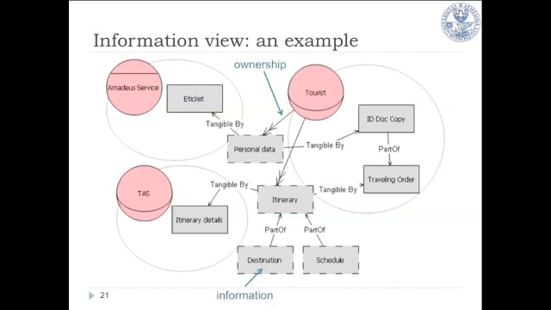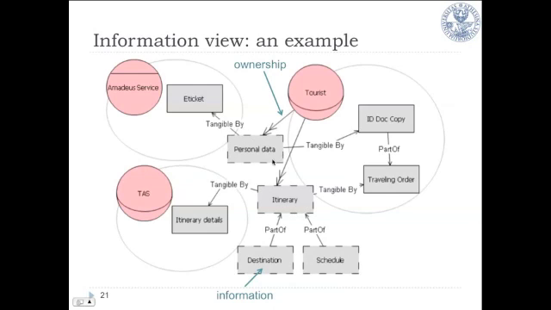You see, information is represented in terms of a rectangle with a dashed line to be distinguished from the rectangle used with a continuous line for documents. Ownership is represented by this double-headed arrow from the actor owning the information towards the information. An actor might own more pieces of information, as in this case. Tourist owns personal data and itinerary information.